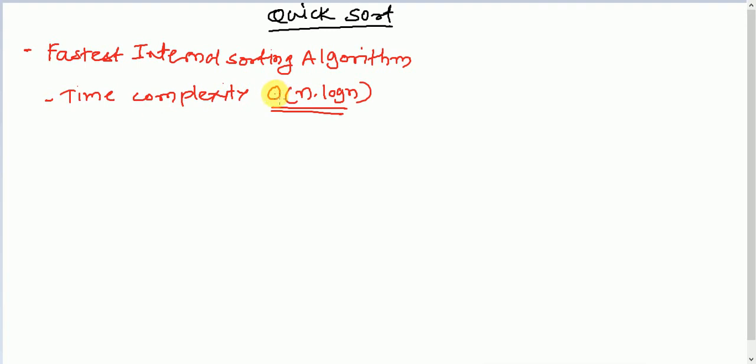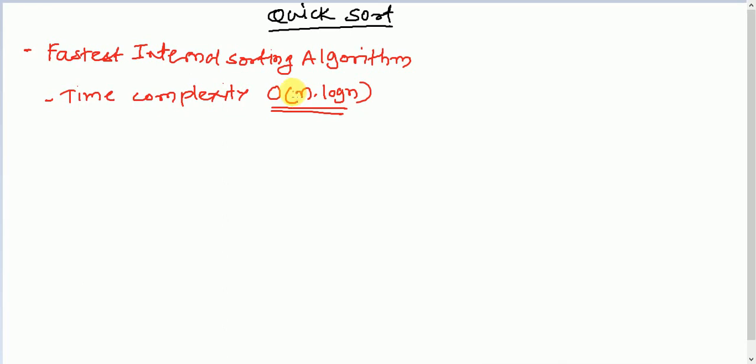Generally we consider the worst case complexity here, and obviously the worst case is O of n square. We are not writing theta here since data structure students may not be aware of theta, omega and O notation. So meanwhile, you can just say the time complexity is O of n log n.